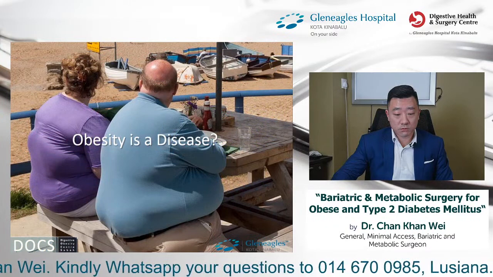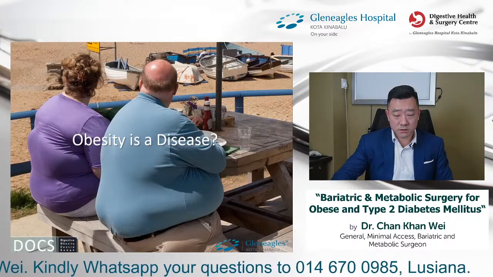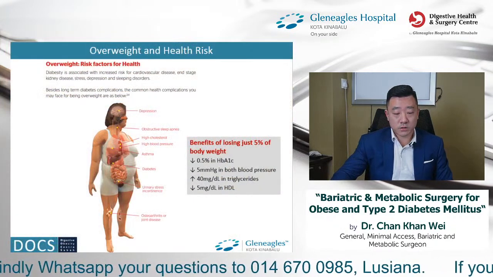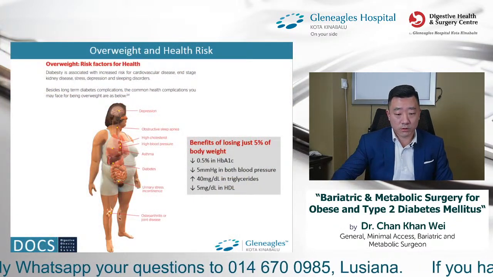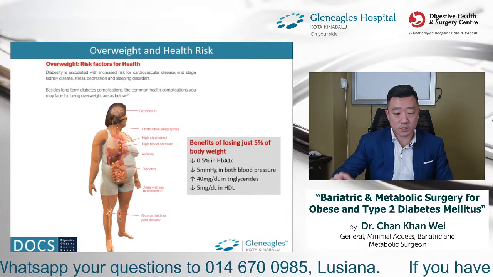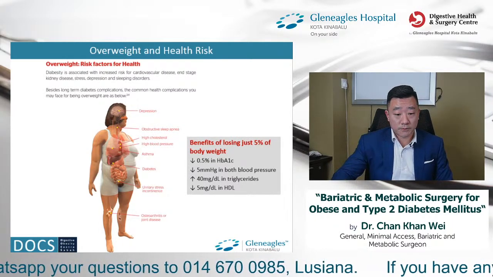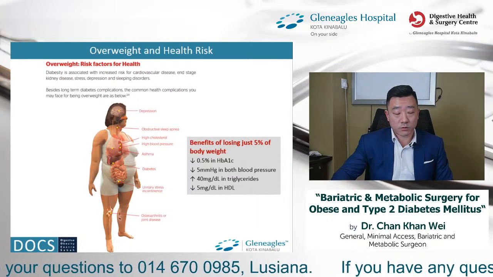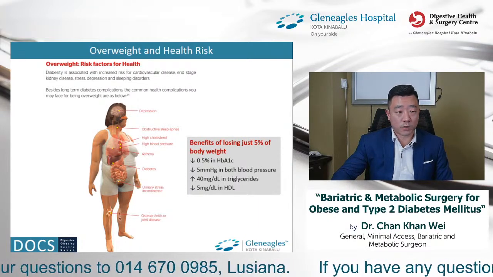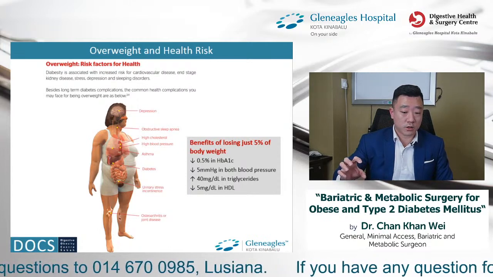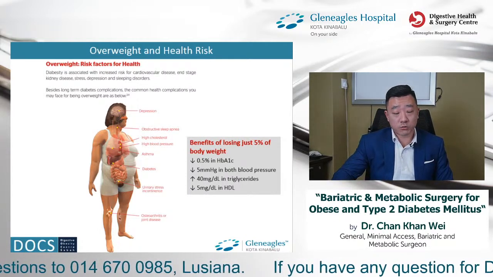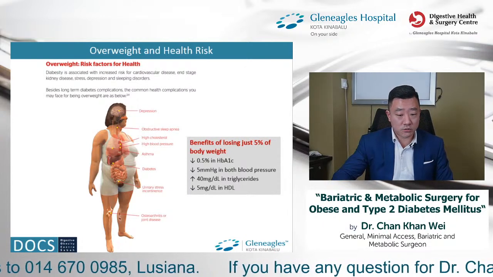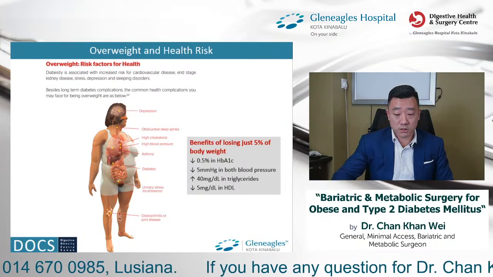So what is obesity? Is it a disease, or is it just a cosmetic outlook problem? So we know it's more than cosmetic, it's more than outlook. It causes a lot of problems, and actually is a disease by itself. Overweight is a risk factor for health, and we coined the word diabesity when diabetes and obesity are found interlinked, and it is associated with an increased risk of cardiovascular disease and end-stage kidney disease, stress, depression, and even sleeping disorders.